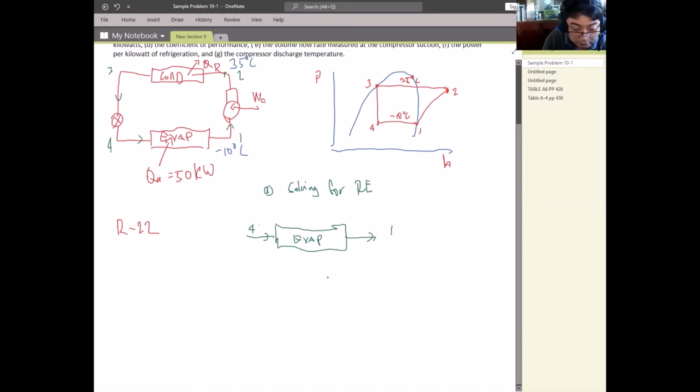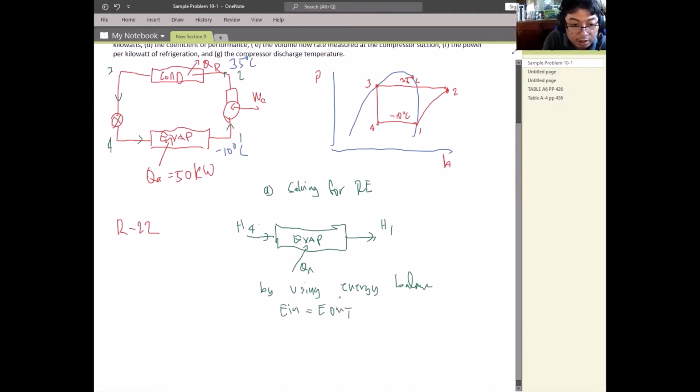For the evaporator, by using energy balance, heat addition, enthalpy 4 and enthalpy 1. Energy in will be equal to energy out.